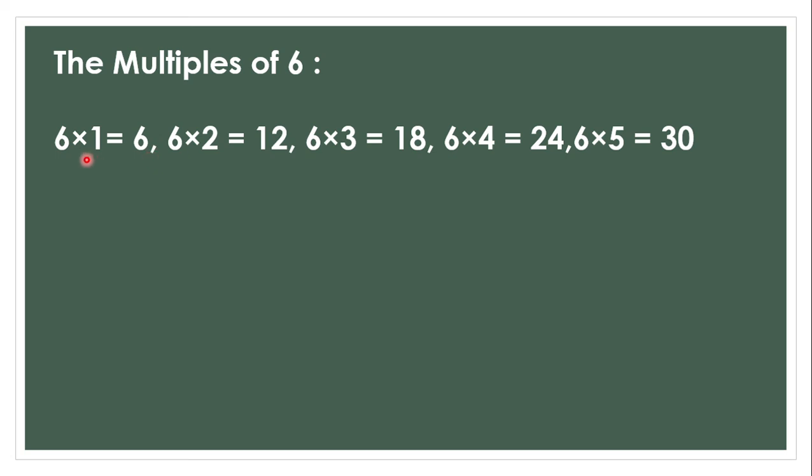See here, these answers are there, no? 6, 12, 18, 24, 30. These are the multiples of 6. And here when you observe, 6 into 1 is equal to 6, so 6 is the multiple, and 6 and 1 are the factors of 6.